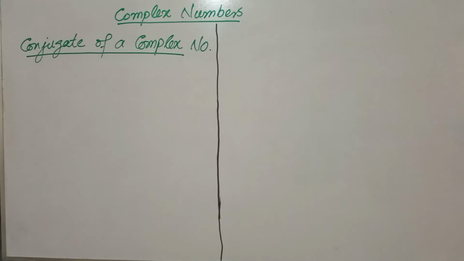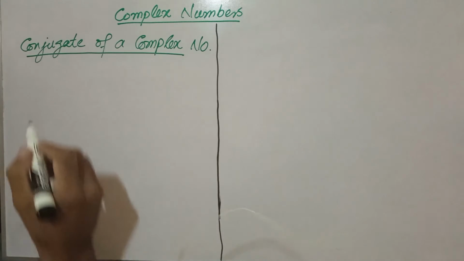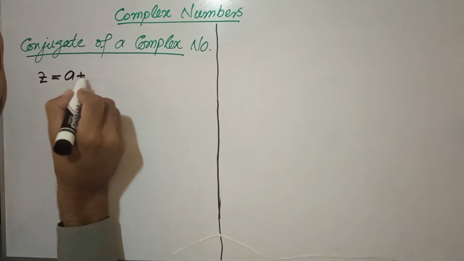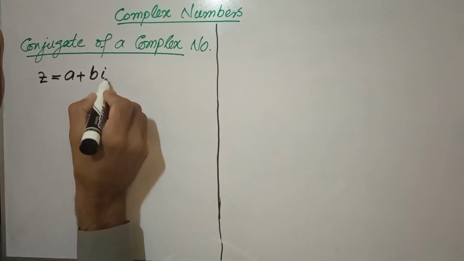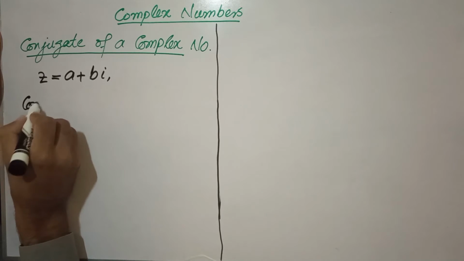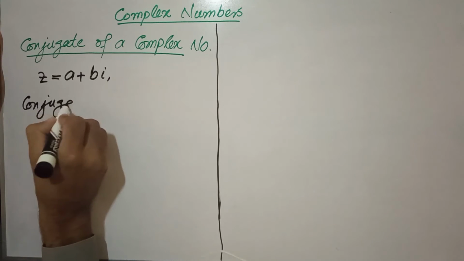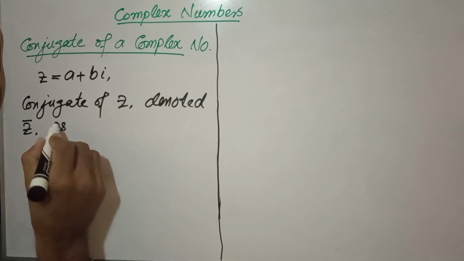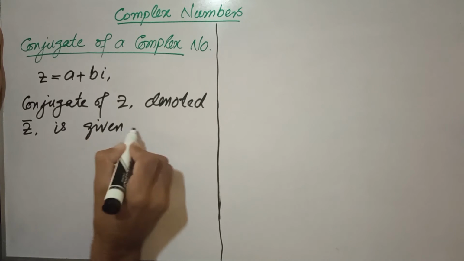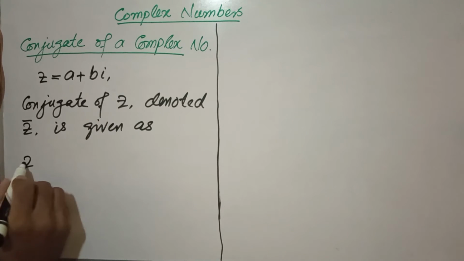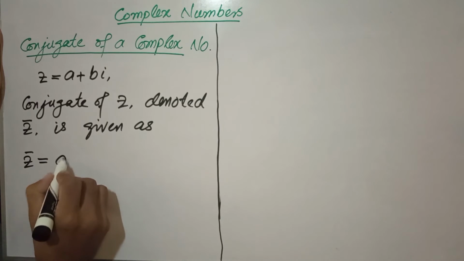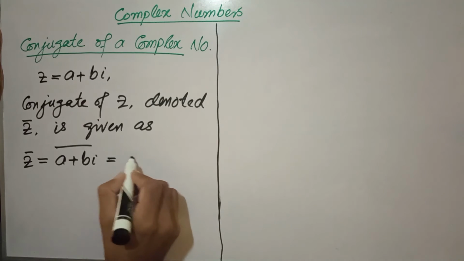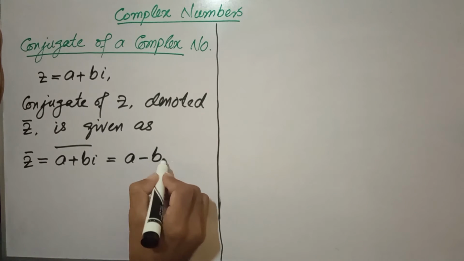Now we define a conjugate of a complex number. For example, if z is a complex number of the form a plus b iota, then its conjugate is given as z bar is equal to a plus b iota bar, which equals a minus b iota.